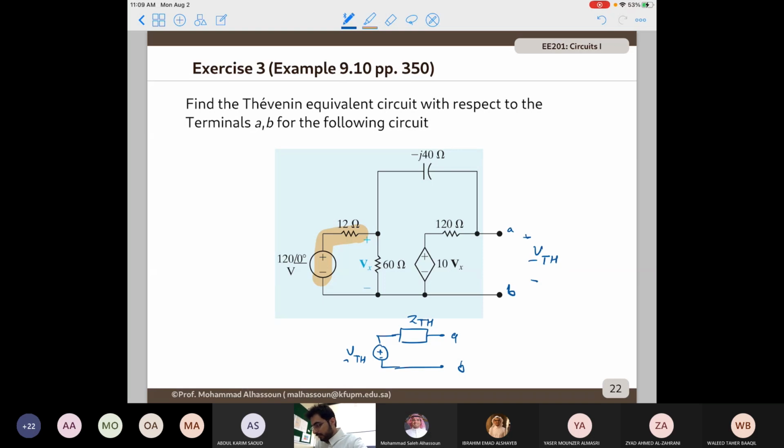Doctor, what about the voltage divider method? You can do that with voltage divider method. No, you cannot. Since you have a source here, you don't have a resistor on the impedance here.